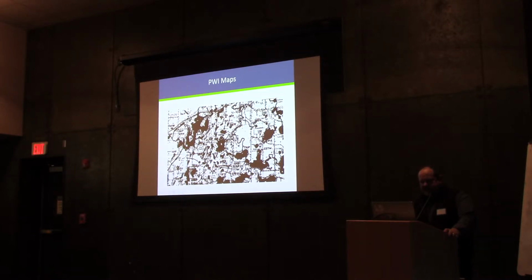I'm not sure exactly how they did it, but they used Mylar overlays somehow, tracing things from other sources to put on the public waters inventory map. So it was really quite the manual effort. And these are still considered the authoritative source of public waters information.